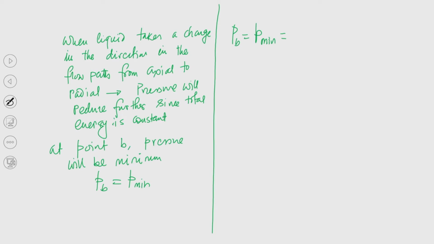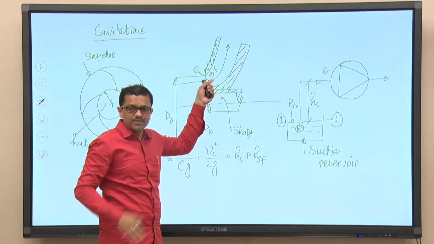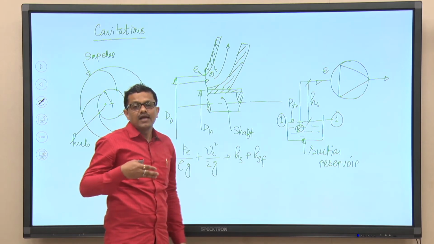So, you can see that at this particular point E, pressure is P, but at this point B pressure is Pb, which is P minimum, which is definitely less than P by an amount.